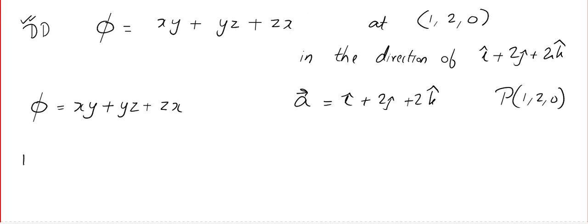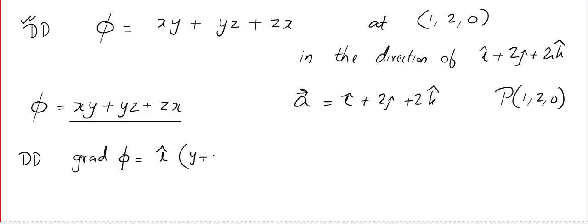So what do you mean by directional derivative? Of course, the gradient. So we have to calculate grad phi. That will be i. In examination, write the formula. Grad means del phi. Del means i dou by dou x, etc., etc. So the partial with respect to x will be y plus 0 plus z, plus j times x plus z, plus k times 0 plus y plus x.